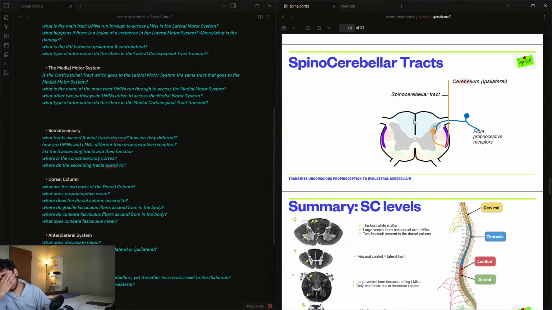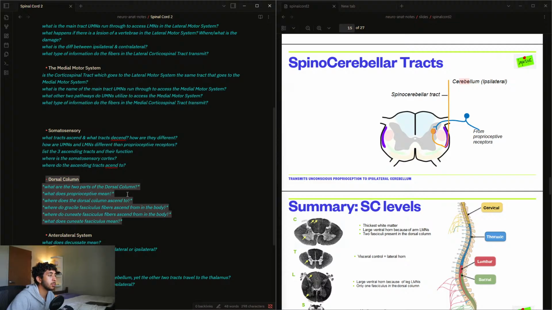Okay, so there's the cerebellum, and then there's the somatosensory cortex. I want this one to be above, honestly, because this uses the spinothalamic tract.